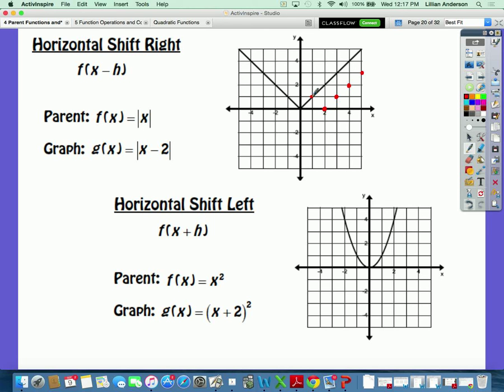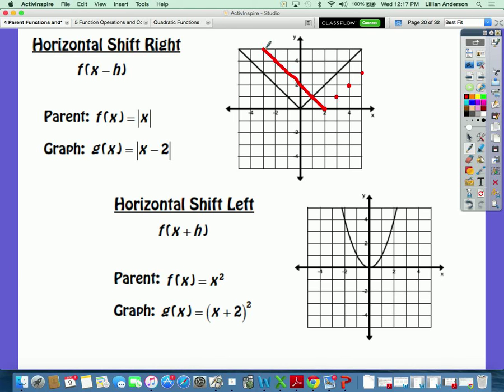Every single point gets moved over 2 units. So you can use the graph of the parent function and translate it, or you can take the ordered pairs and alter them. Okay? If I'm moving to the left or to the right, which coordinate is affected? Is it the x coordinate or the y coordinate? The x. So you can just keep that in mind.